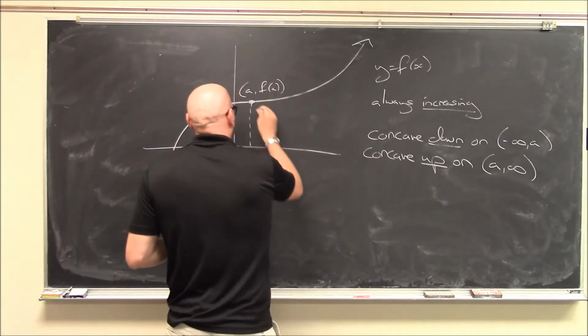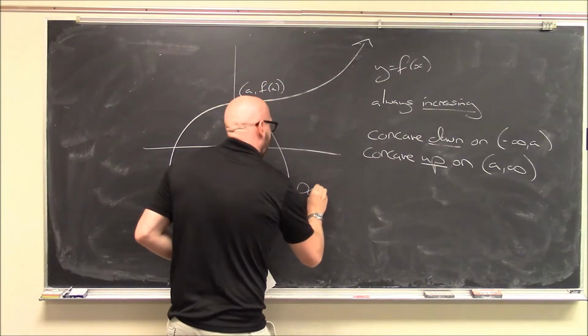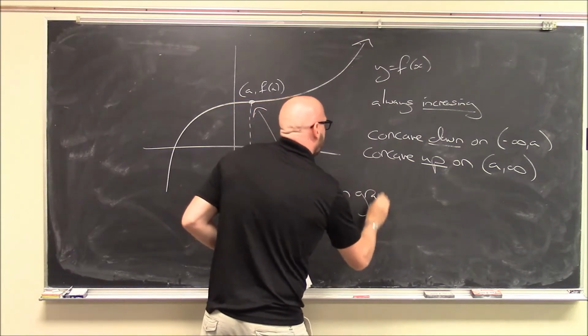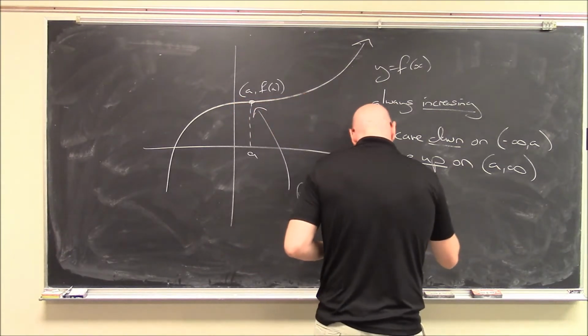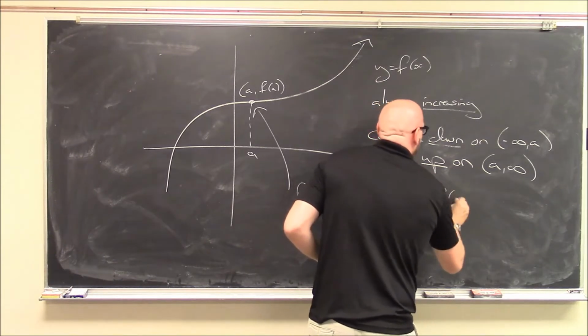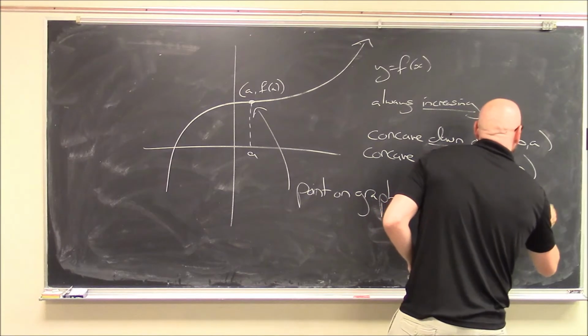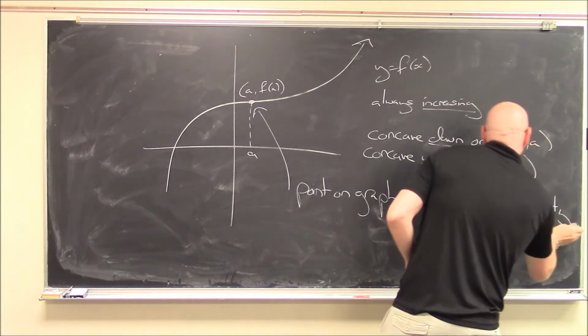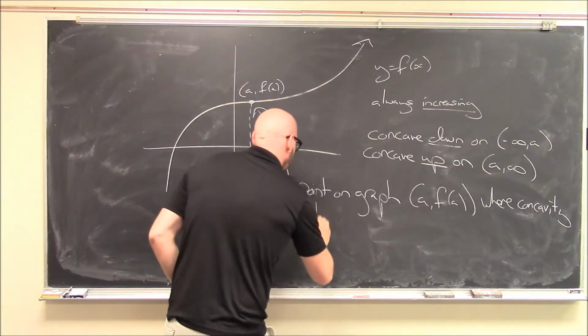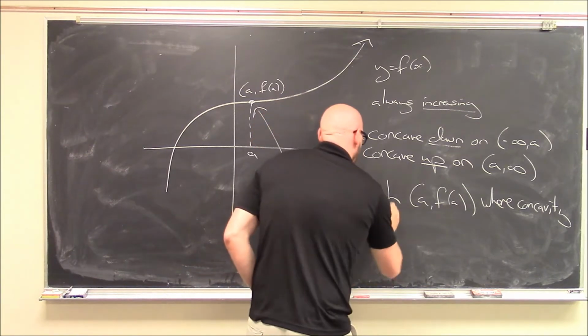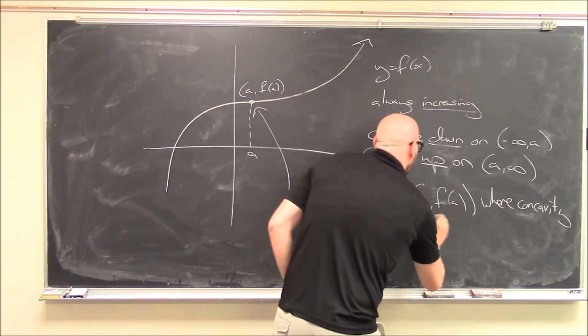So, a point on the graph, a and f of a, where concavity changes, is called a point of inflection.